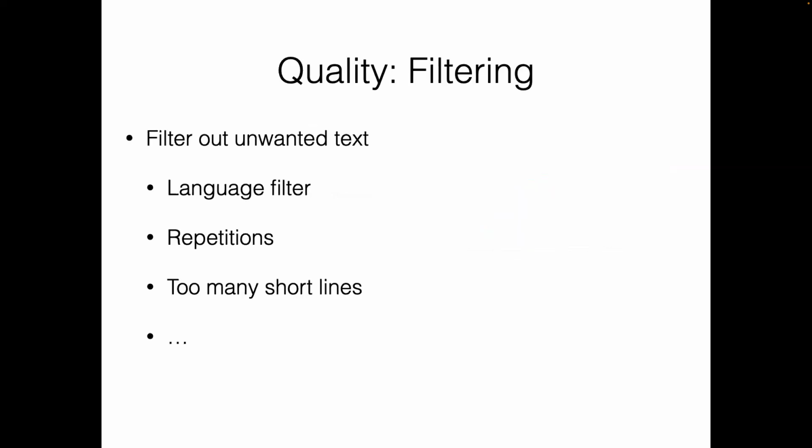The second step is filtering. There's a variety of filters that people do. Sometimes people want to just train an English model, so they'll do a language filter. They'll filter out pages that have too many short lines or repetitions. You can imagine that different companies even have a whole team coming up with these different filters, and they've come up with good heuristics for filtering out bad data.